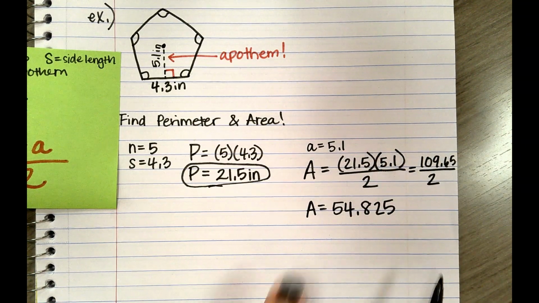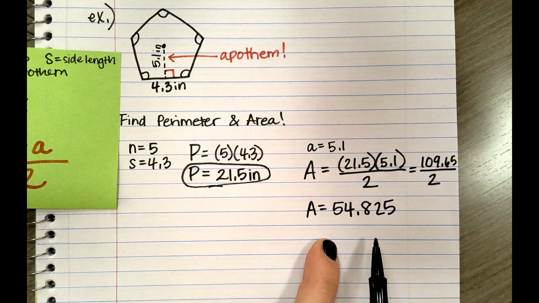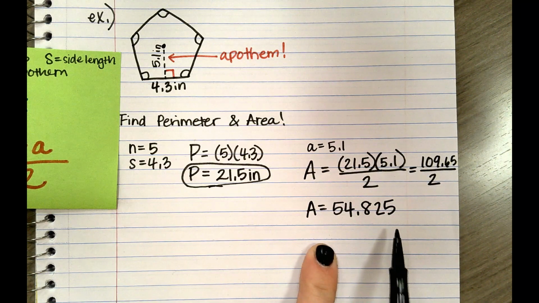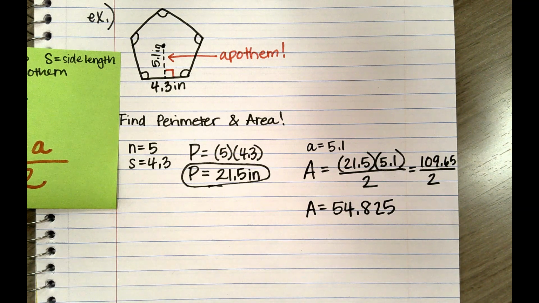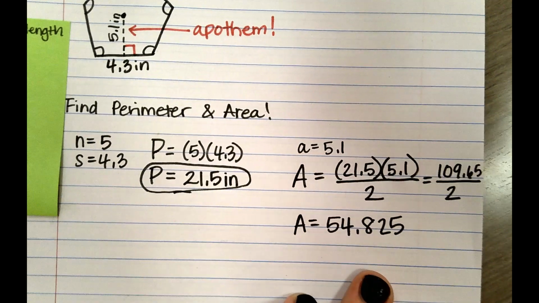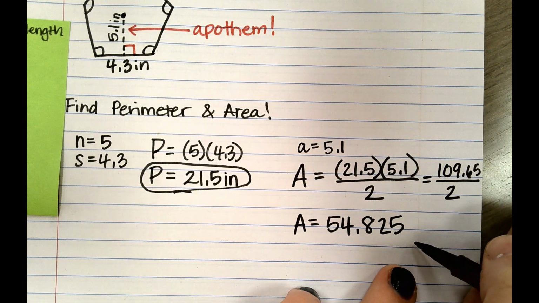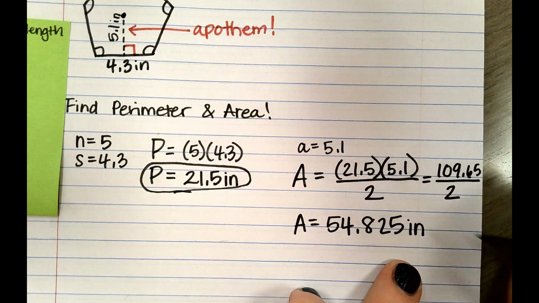Now, this time we're taking a different measurement in terms of our units. We're not measuring a length anymore. We're measuring area. Does anybody know what our units would be here, instead of inches?